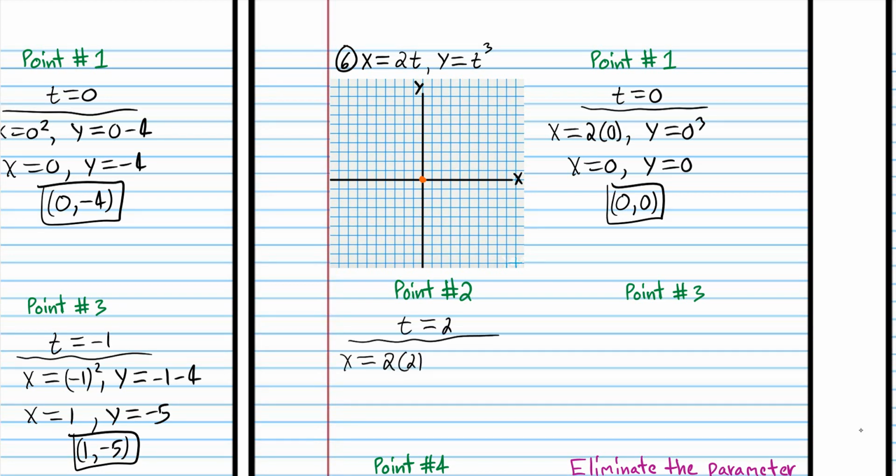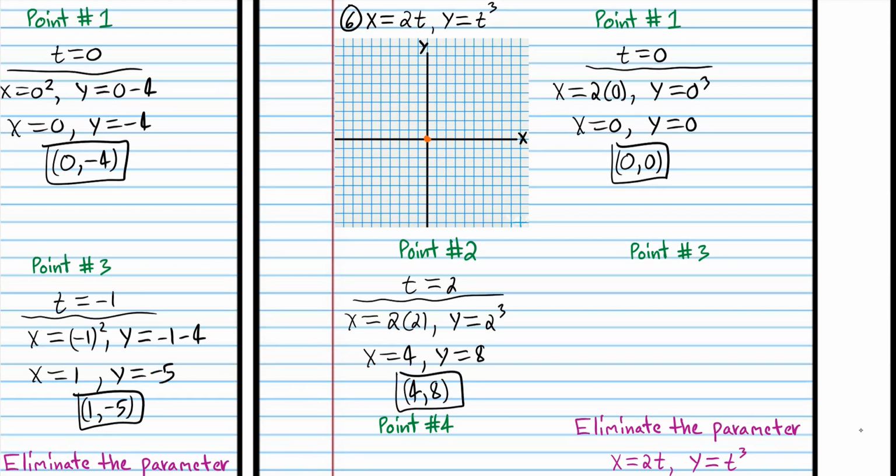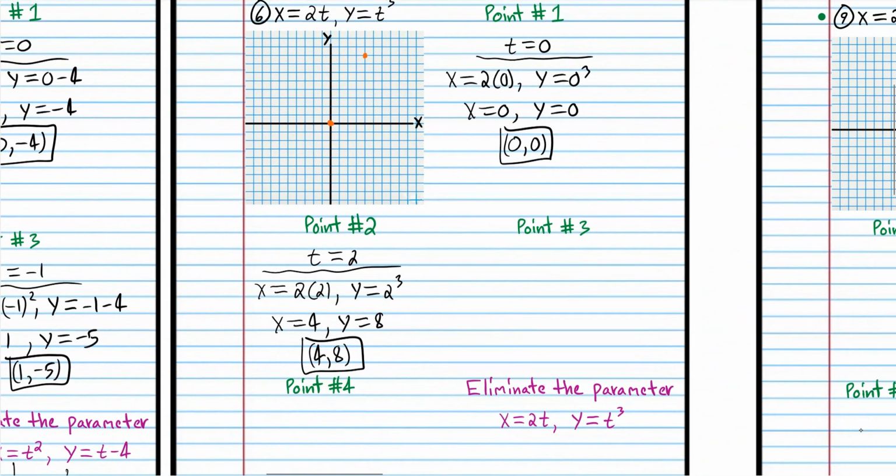X is equal to 2 times 2, y is equal to 2 cubed. So x is 4, y is 8. The point we're looking for is 4, 8. So it looks like that point there is going to be on the graph.